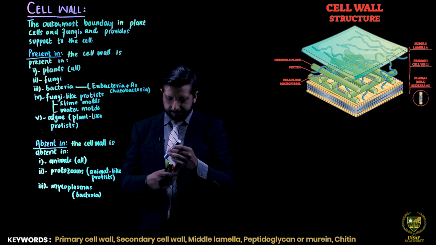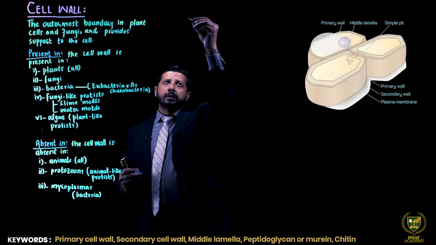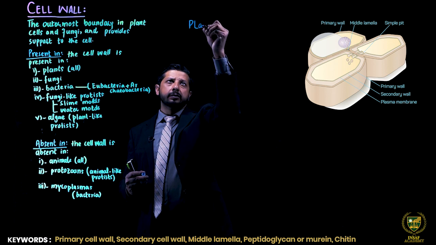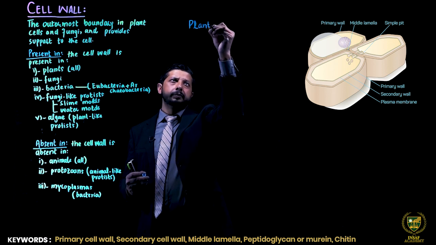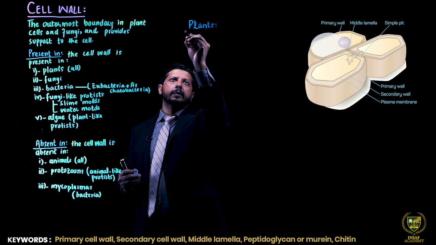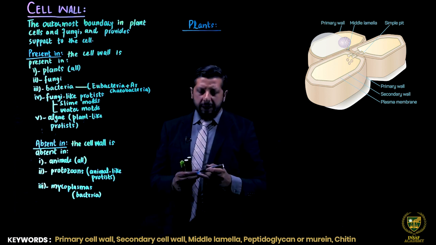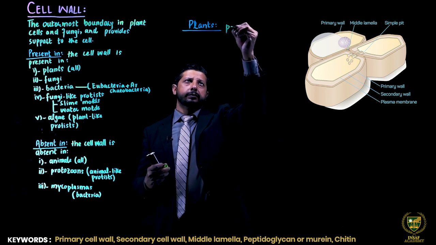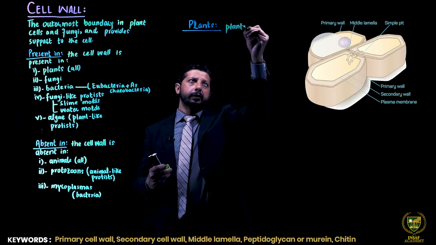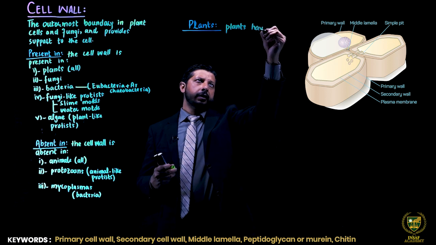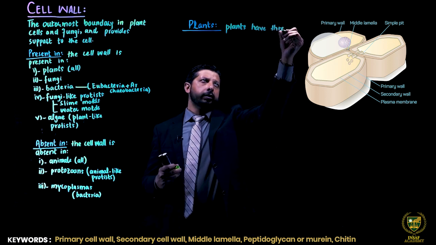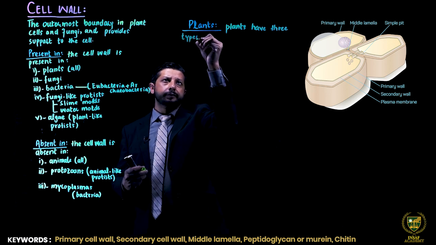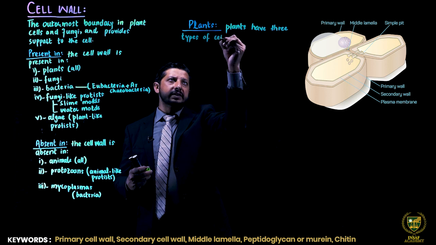Now, number 1, if we talk about the plant cells, in plants, the plants have 3 types of cell wall.